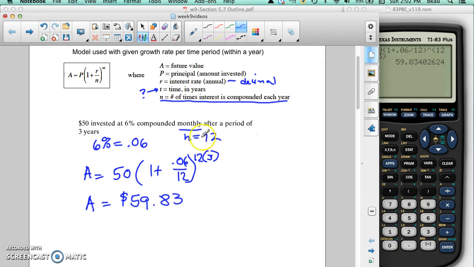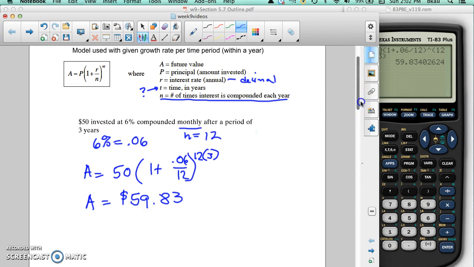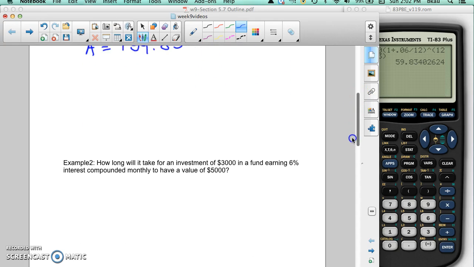If we have all the values, we can plug them in and find the future value. What we're going to be looking at is an example like this one, where we're finding the value after a certain amount of time. We're starting with a starting value and we're ending with this value. So let's take a look at that problem.